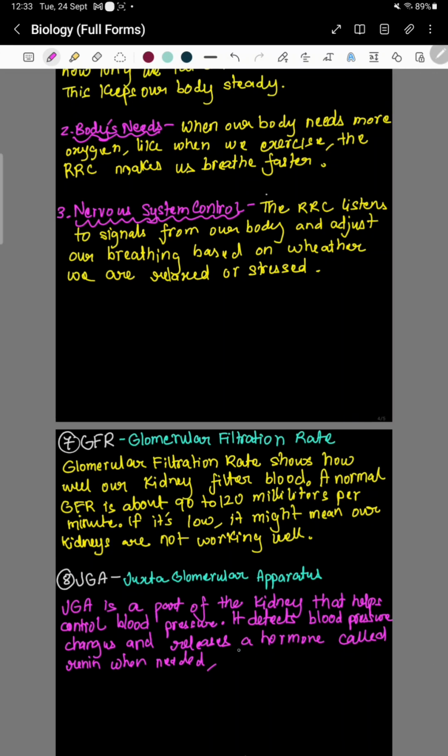So what is the function? JGA helps keep blood pressure stable and supports kidney function.